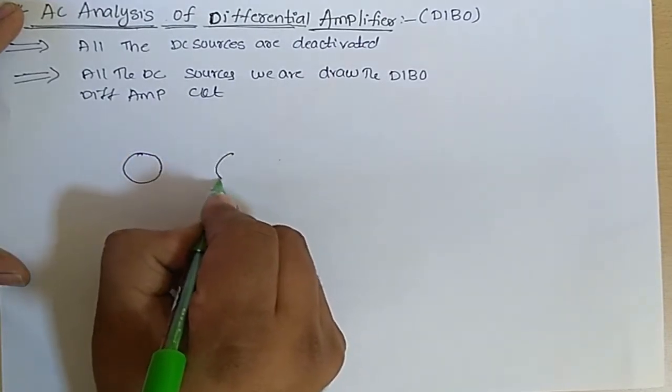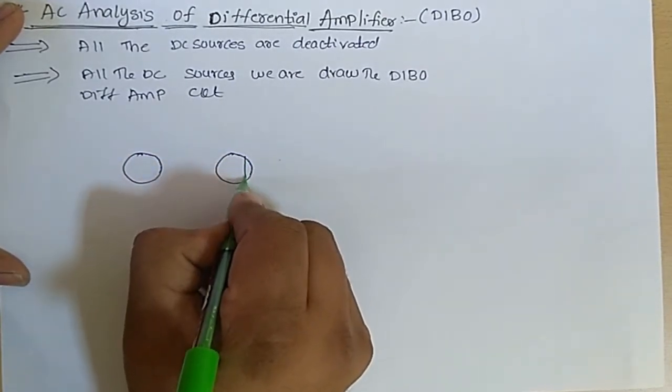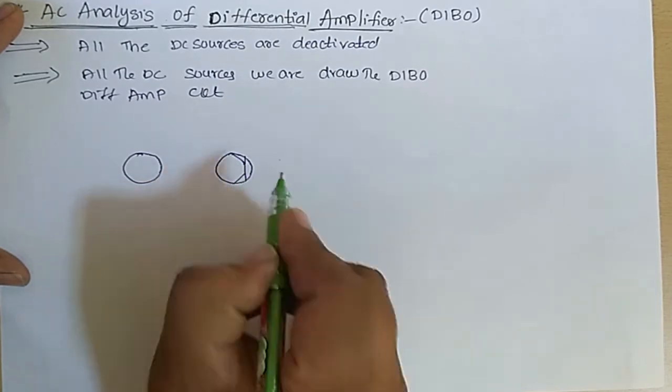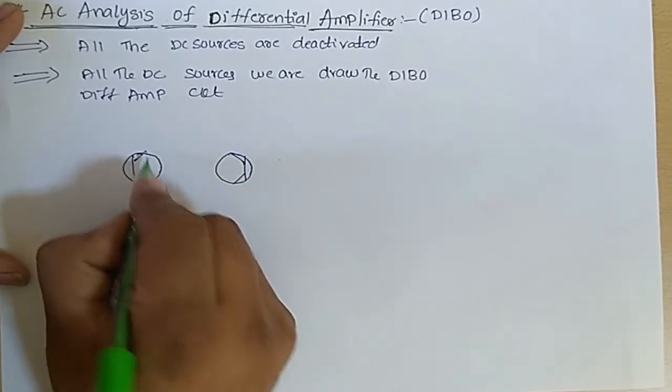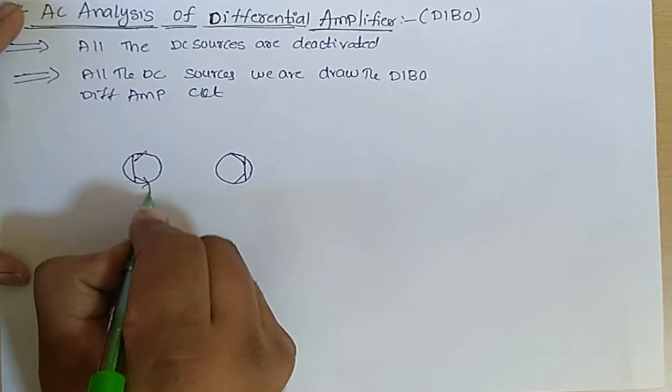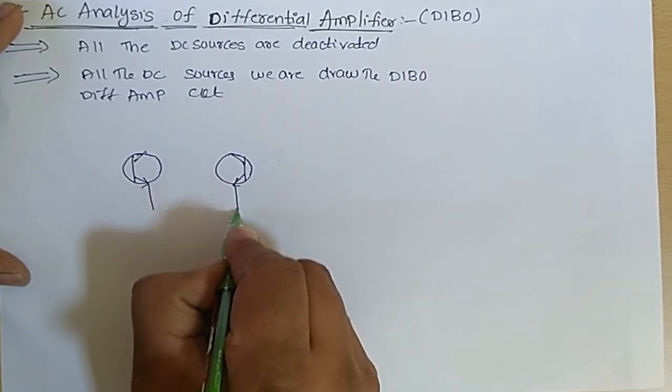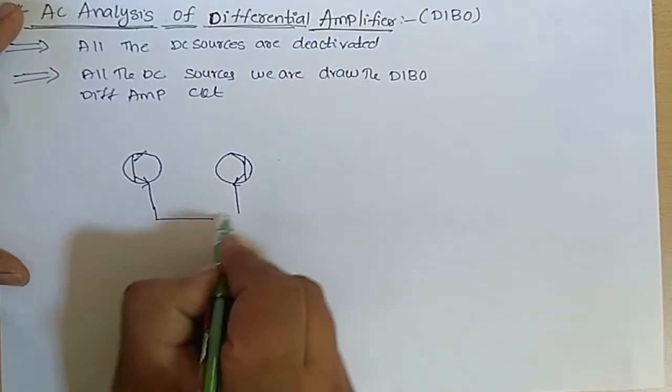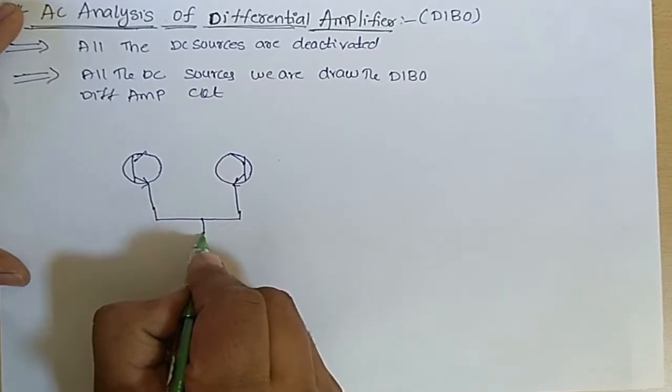Here we are drawing the dual input balanced output differential amplifier. Now we are studying the AC analysis of this differential amplifier. Therefore all the DC sources are deactivated.